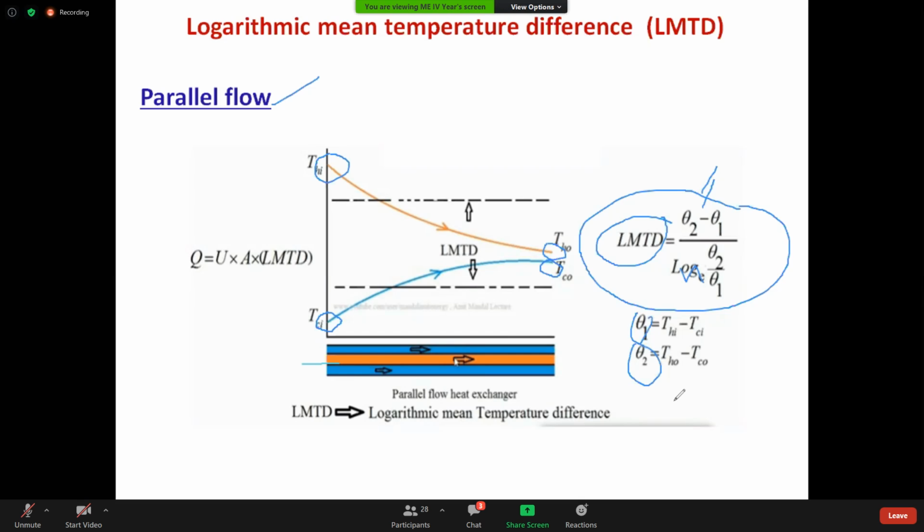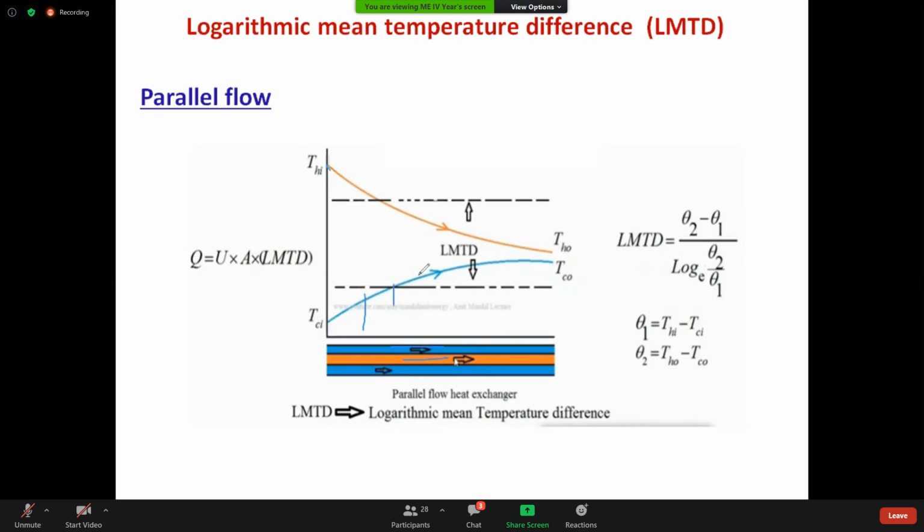See, here the hot fluid and cold fluid are flowing like this. Along the length, what happens? The cold fluid gains the heat of the hot fluid, and its temperature increases slowly like this. The hot fluid loses temperature because it gives off its heat. So this is the variation of the temperature profile.